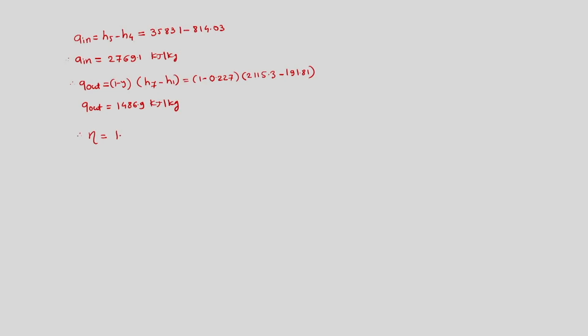So efficiency is equal to 1 minus Q out upon Q in. Q out is 1486.9 and Q in is 2769.1, and this gives us efficiency as 46.3%.